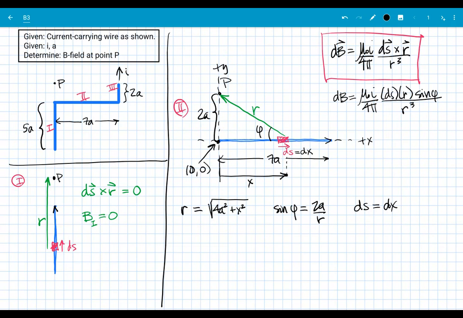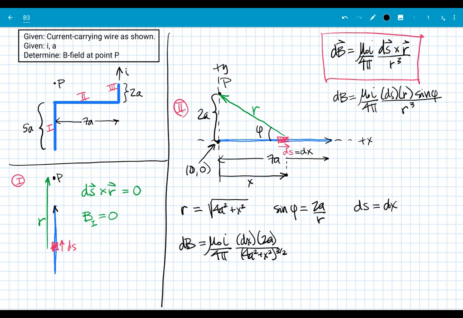So then I guess we're ready to move on with our dB. Let's go ahead and rewrite it. Again, this is just magnitude, right? I can get the direction in a sec from the right-hand rule. So this is going to give me ds r, dx, then 2a in the numerator, and 4a squared plus x squared to the 3/2 power in the denominator.